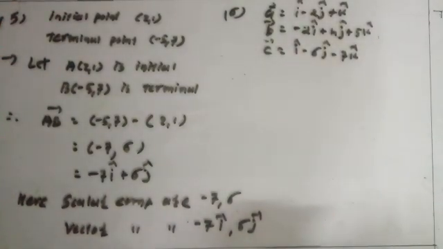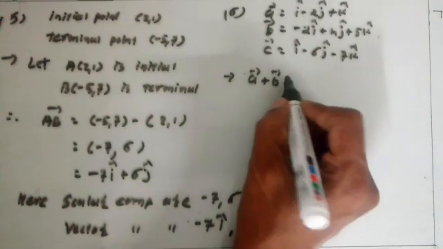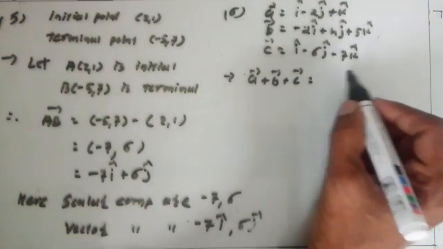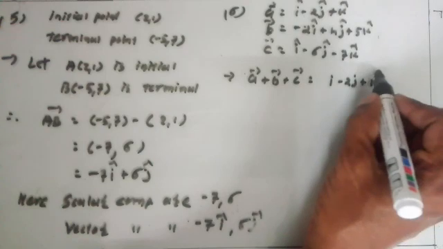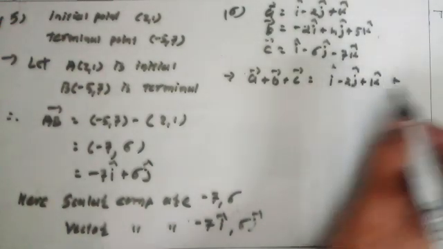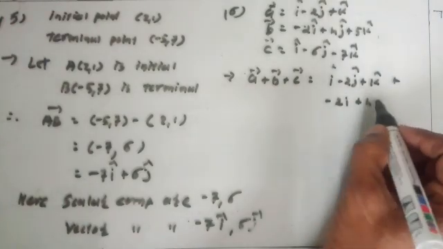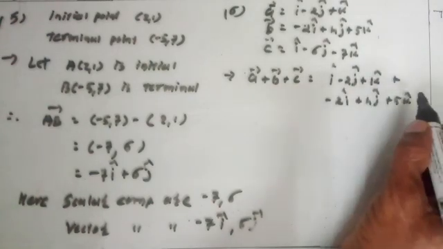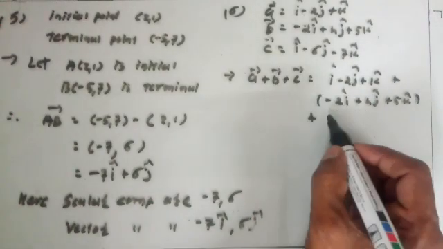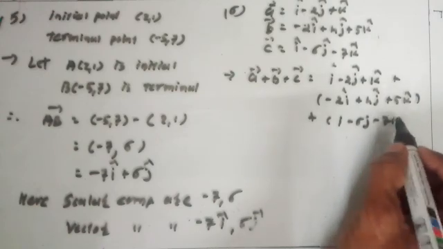Here A plus B plus C is equal to (i minus 2j plus k) plus (-2i plus 4j plus 5k) plus (i minus 6j minus 7k).